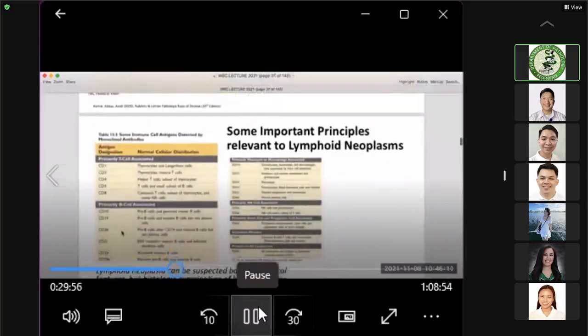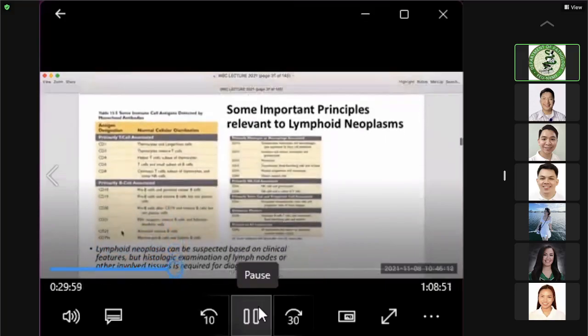Okay. So certain important principles relevant to lymphoid neoplasm. We use this in categorizing them. So there are antigen designations for the different classes of cells, like the primary T cell. These are the ones that we get to see, all will become positive.